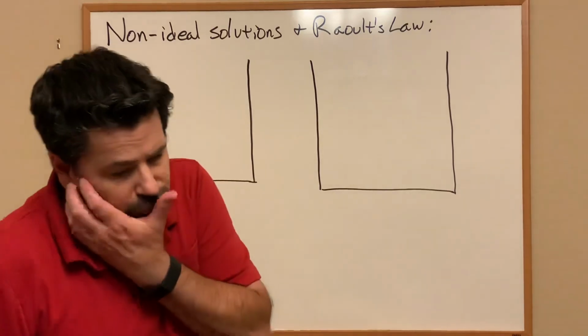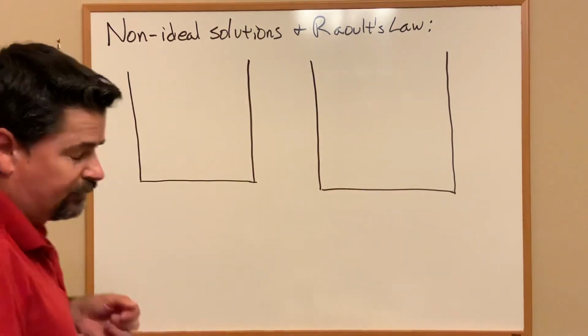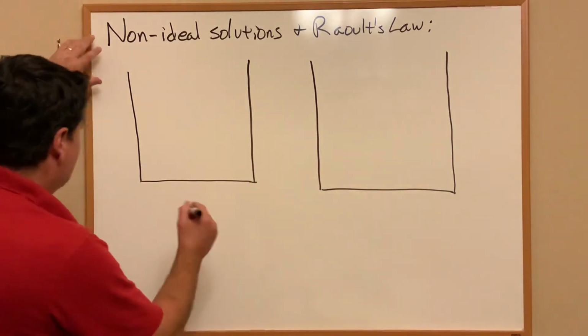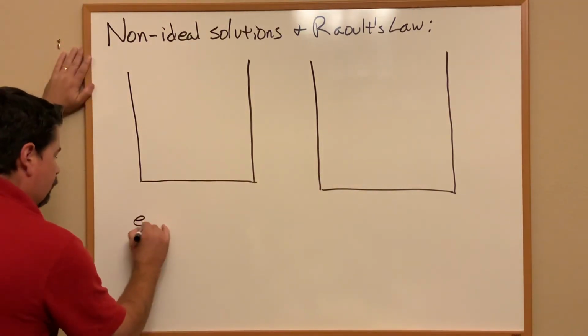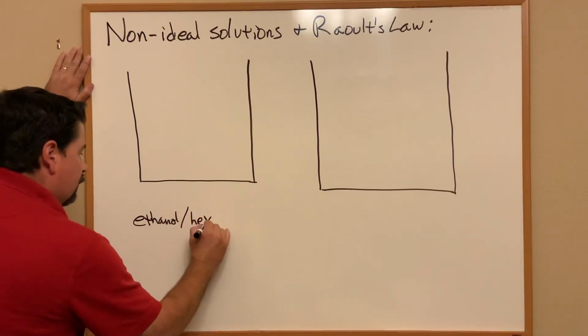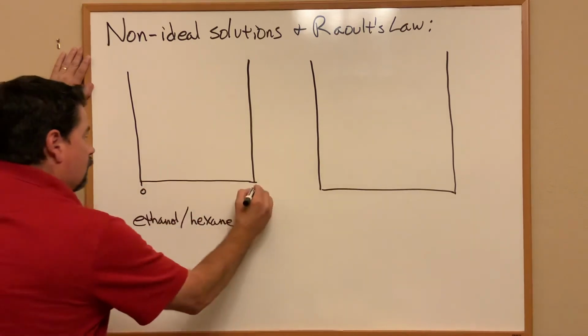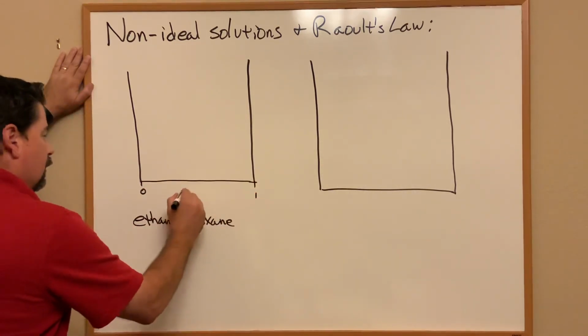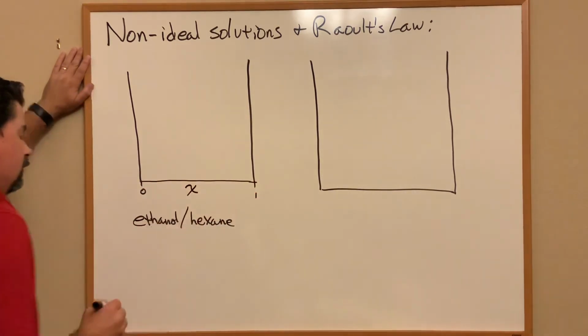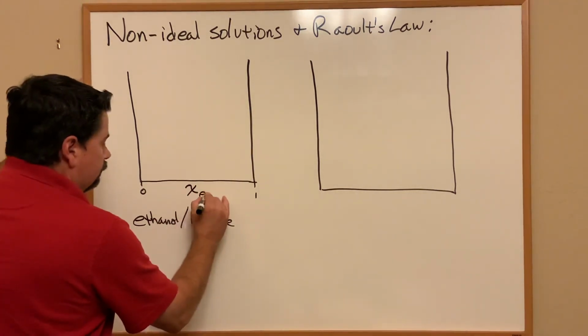And so in the first one here, let's do ethanol and hexane. So let's do ethanol/hexane. And then, so that's 0, that's 1. And we will have chi here, mole fraction of ethanol.